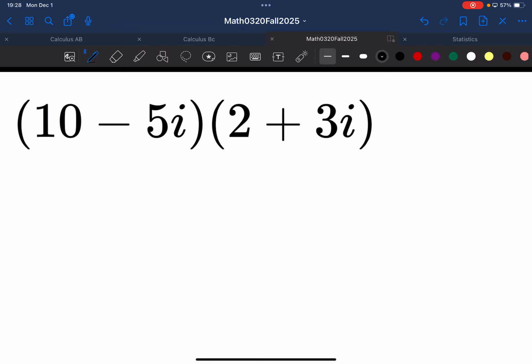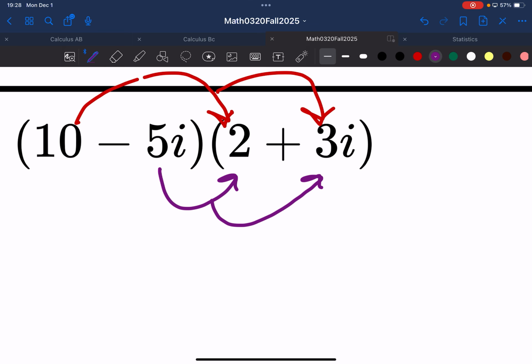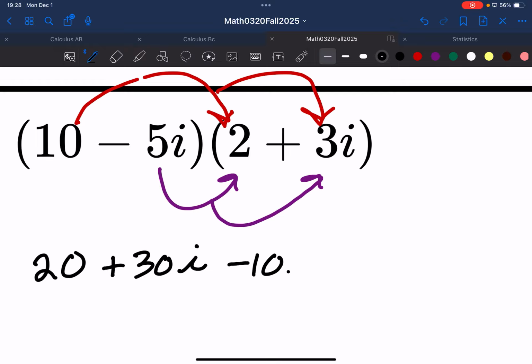Okay, so this one we're multiplying, which means we have to do what? FOIL. And we're going to treat these i's just like we did the exponents. So if I was to FOIL this, I would first distribute the 10, then distribute the negative 5i. So I have 10 times 2, 20. 10 times 3i, 30i. On the bottom now, negative 5i times 2, negative 10i.